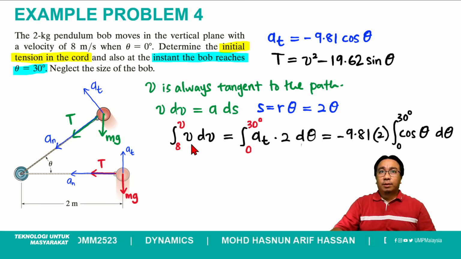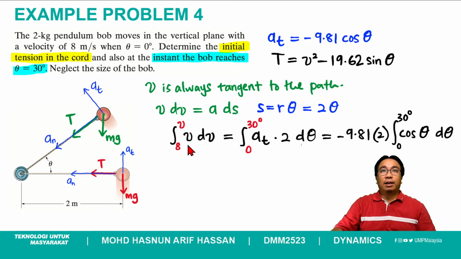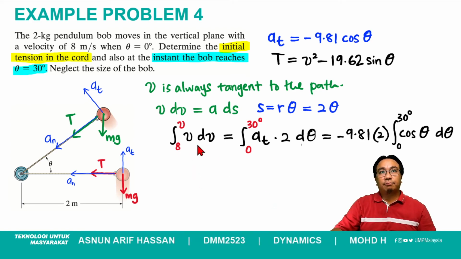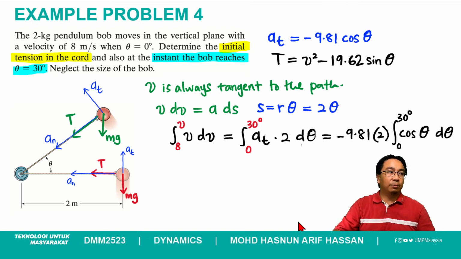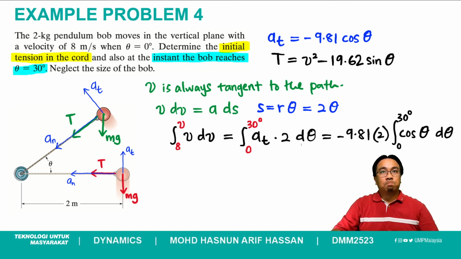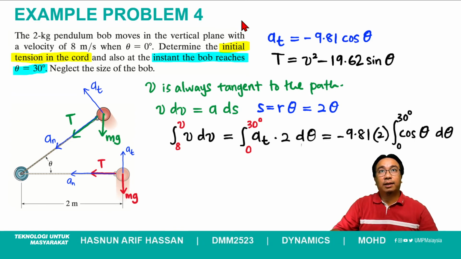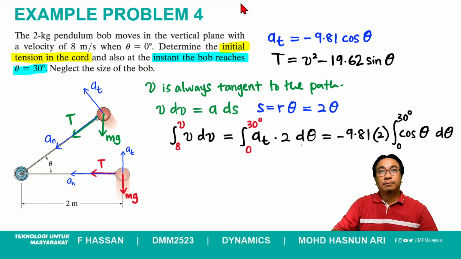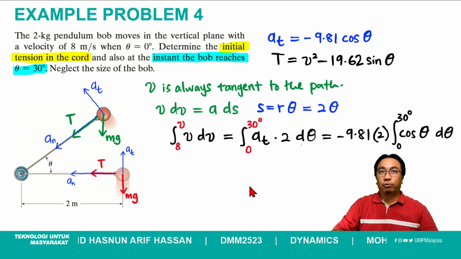Okay, so let's look at left hand side dulu. v dv, you integrate v dv, what do you have? Integrate of v dv is equal to apa? Anyone? Integrate v dv. You akan dapat v square over 2, right?